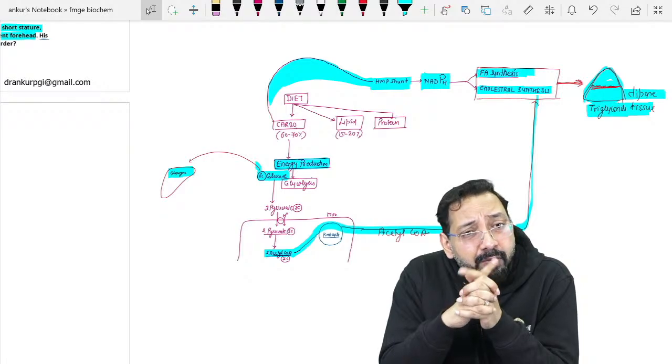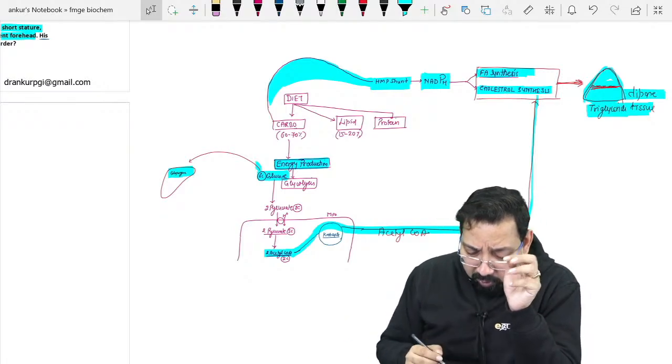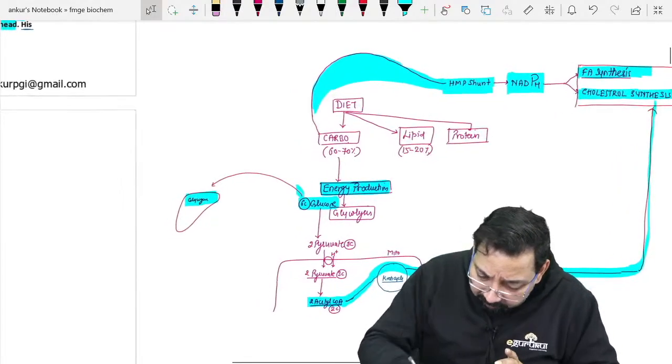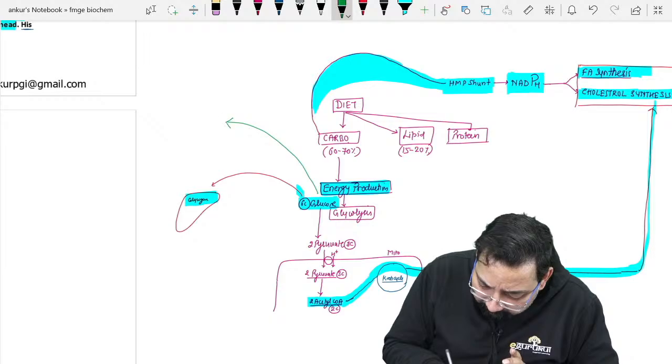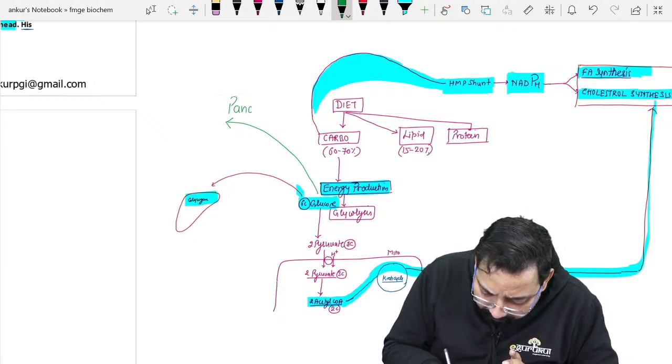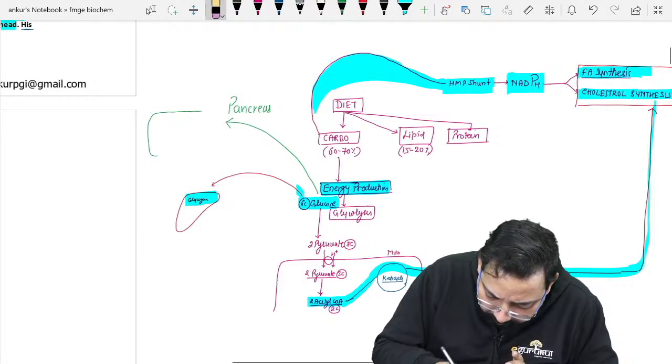Fifth is, when blood glucose is increased, this glucose goes to the pancreas. I draw the pancreas here.